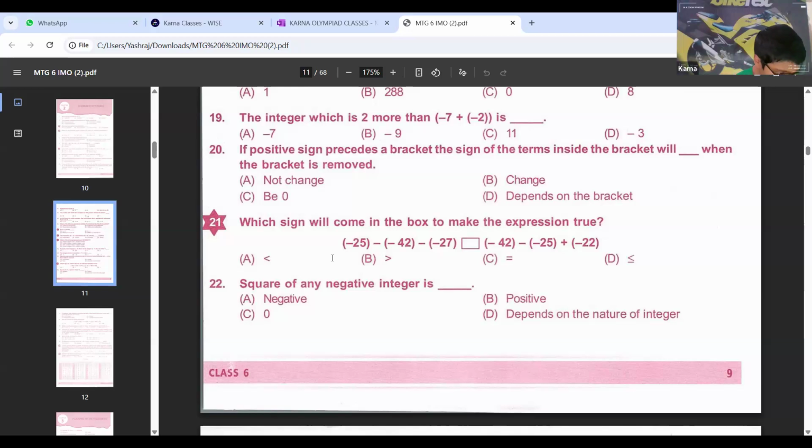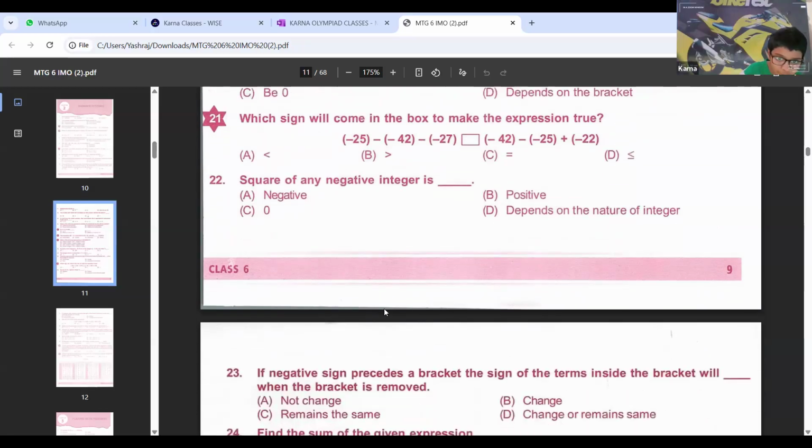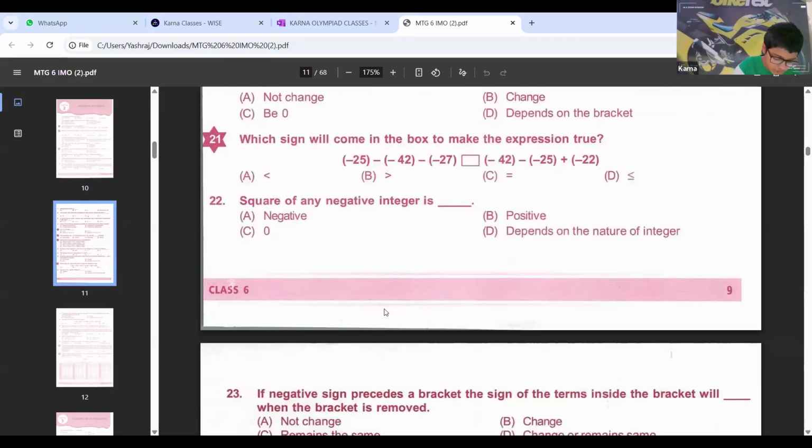Ma'am, 2 minutes solving the question. Ma'am, B is the answer.